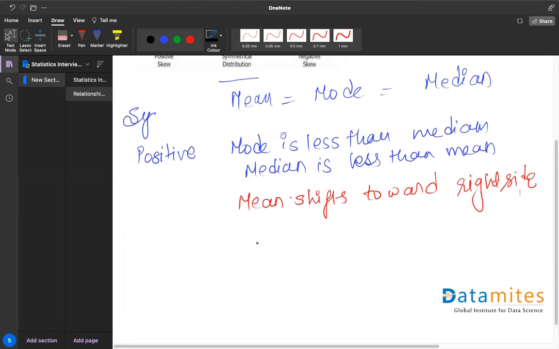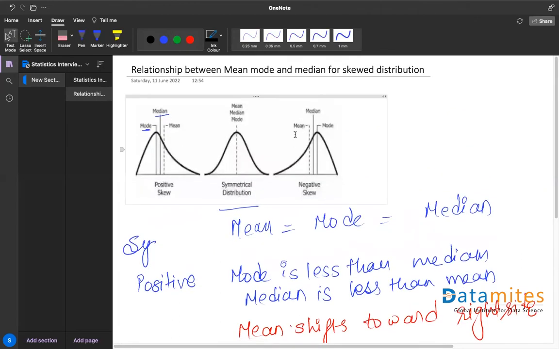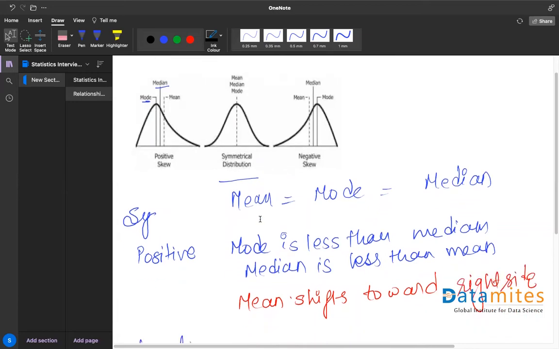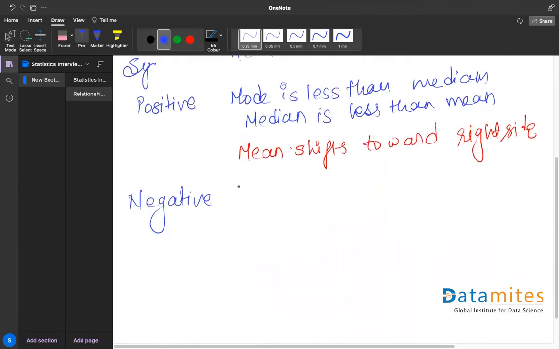Now let's discuss the negative skewed distribution. In that case, see here what we have: mean is shifted toward the skewness side. So mean will be less. Mean will be less than median.